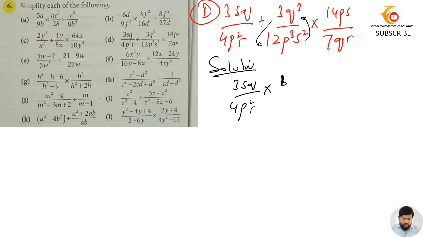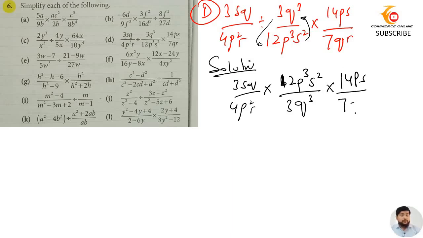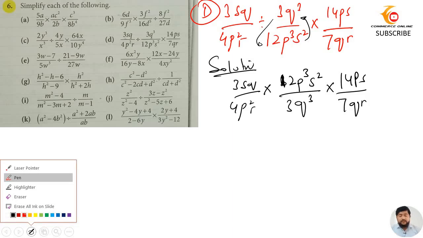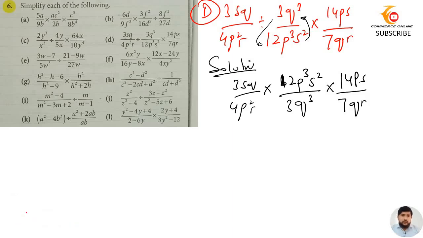So we're going to have 12p cube s square over 3q cube multiply 14ps over 7qr. So now we're going to move to the next step. What I need to do is multiply the values and try to deduct if something can be cancelled.